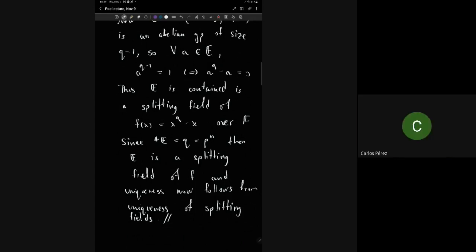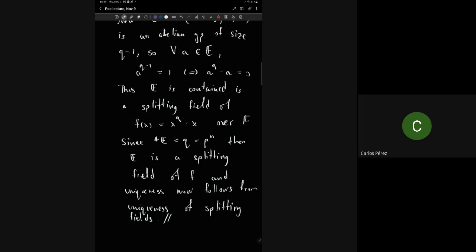Okay. Maybe a question. You defined f of x as x to the q minus x, but this could be any set of polynomials, because you can sum any constant here of degree 0, and this is maybe not a completely different polynomial that characterizes f.